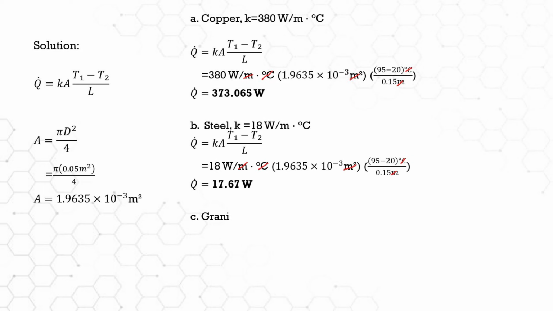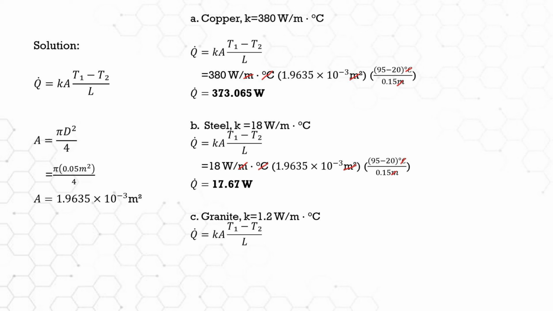Next, we're going to determine the rate of heat transfer of the granite. With the same formula, the rate of heat transfer equals the thermal conductivity times the area multiplied by temperature at state 1 minus temperature at state 2 over the length.